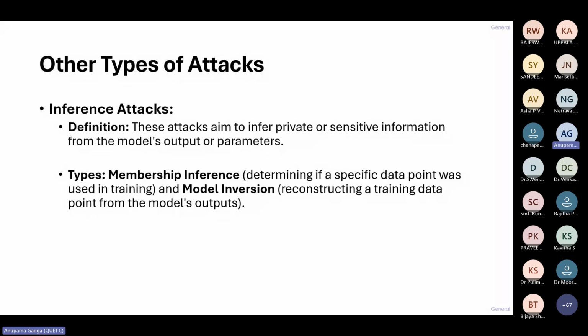Similarly, an attacker can analyze a user's public posts, likes, and connections on social media to infer information about their personal life, relationships, location, or even their political views. See, by analyzing all these, they can predict their social media activity, right?